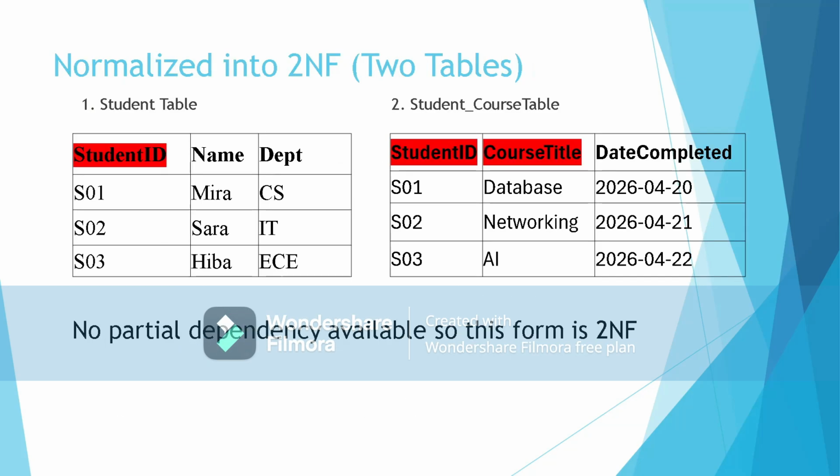To remove this partial dependency, the table is decomposed into two. The first table contains the student details having student ID, name and department. Another table is the student course table, which shows student ID, course title, and date completed.